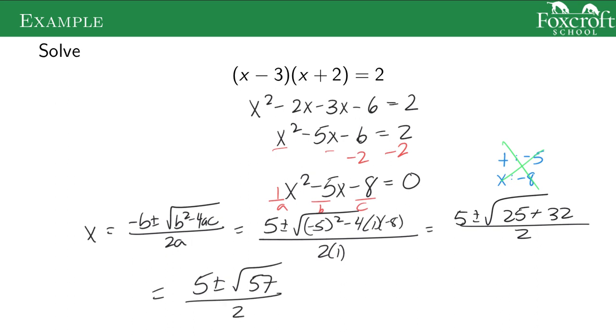And when you get to here, you're trying to see, are there any perfect squares that divide 57? Definitely not 4, not 9, 16, no, 25, no. So yeah, I'm pretty sure this is the final answer. All right, you can't simplify that square root any further.